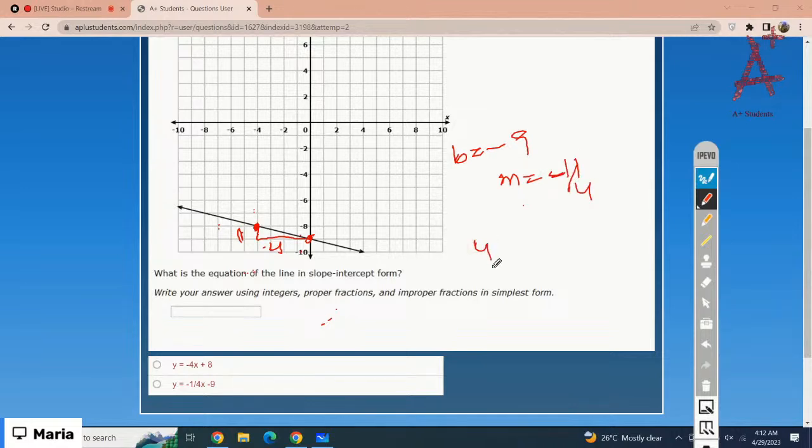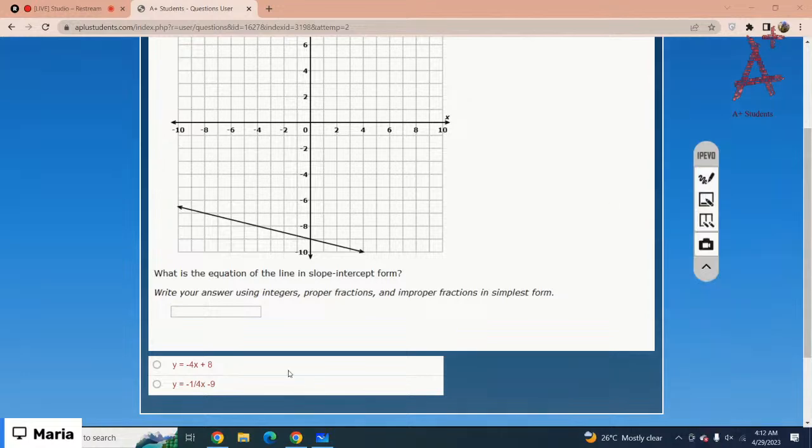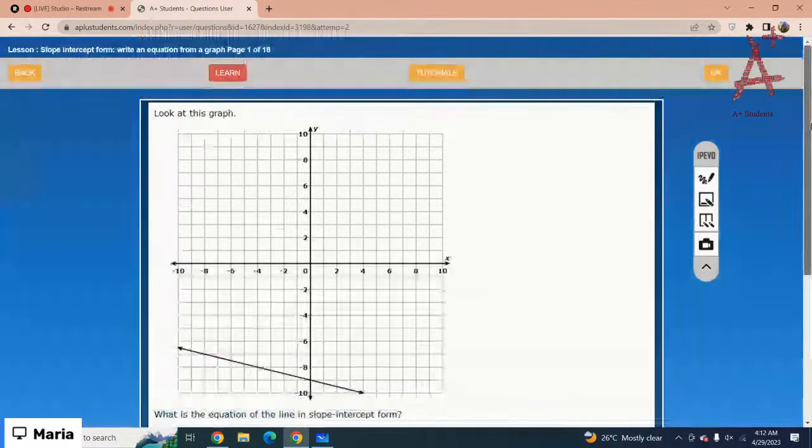So that means the equation is y equals negative 1 over 4x minus 9. So the second option is the correct one. Just select the correct option and click on the OK button.